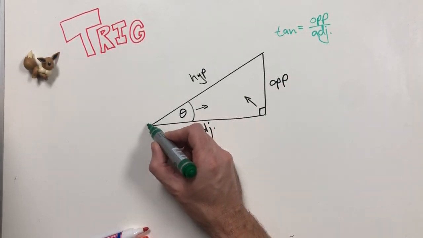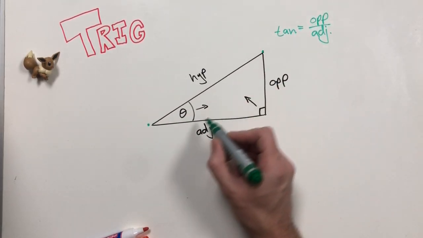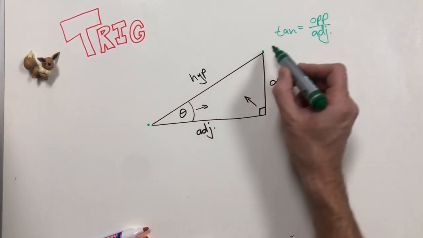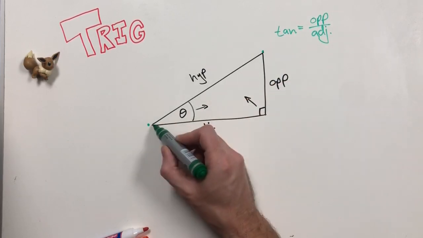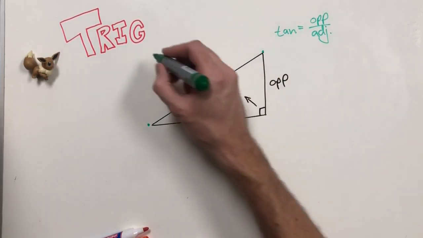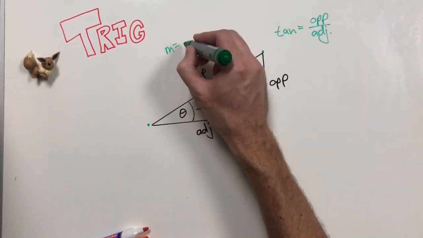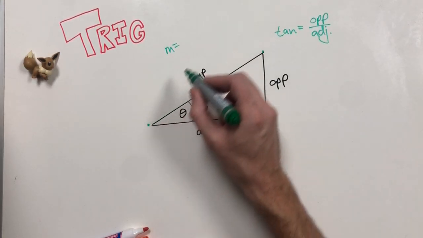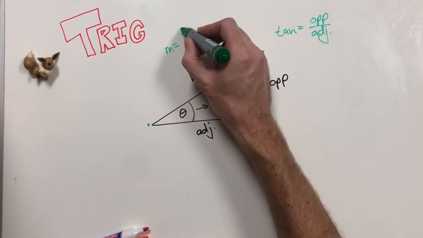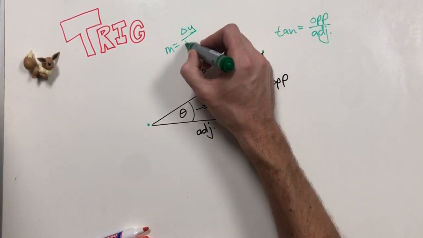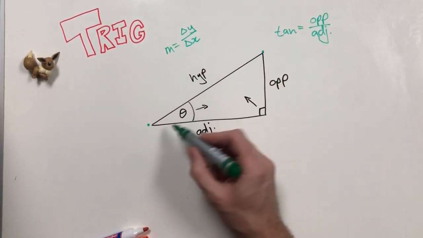If I was throwing something from here to here, you would understand the gradient, or the slope, would be, let's do this side. The gradient, which is usually the m value, is the change in y over the change in x. And it's very similar here.